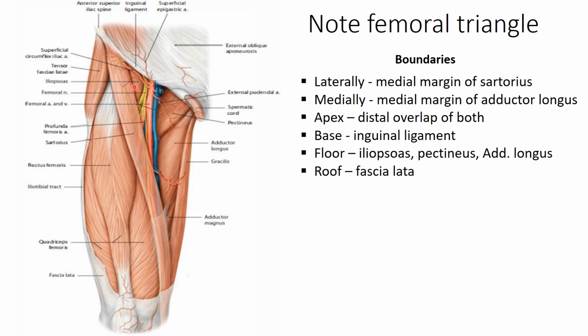The roof has been cleared here. The roof is formed by this portion which is shown cut here. This is the fascia lata. We have already gone through this portion, fascia lata. So this forms the roof of the femoral triangle.